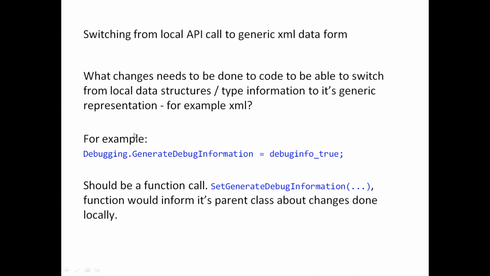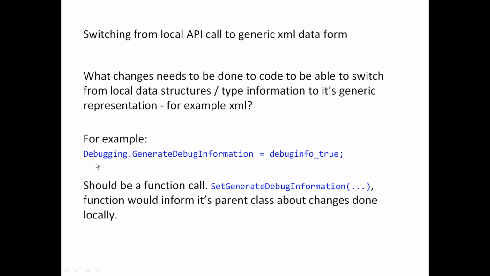And one question: if we have, for example, code like this, with debugging, generate debug info, and we are assigning that field to this value, what would be required in order for this assignment to reach XML in general?